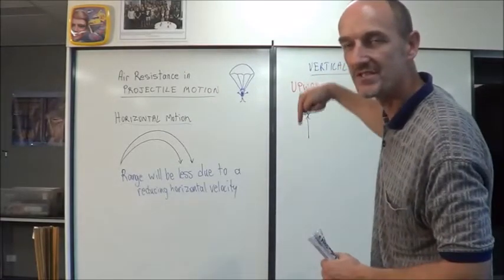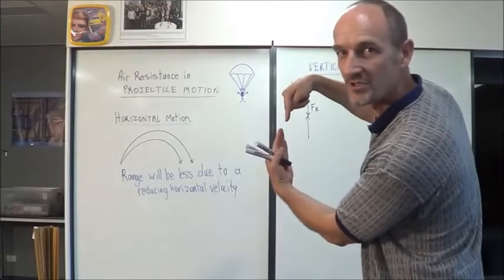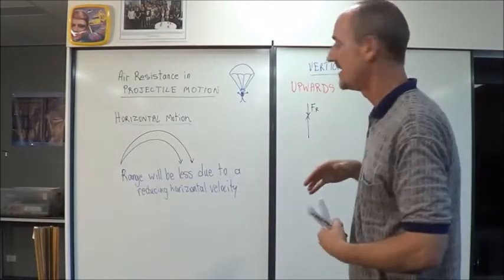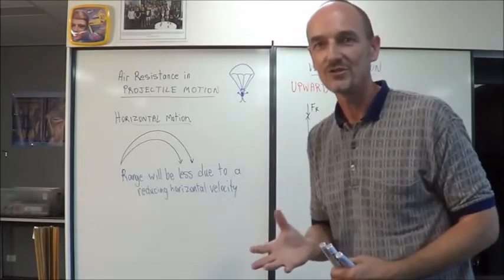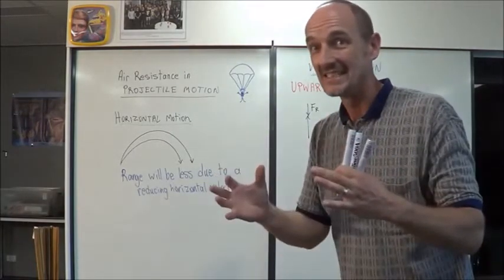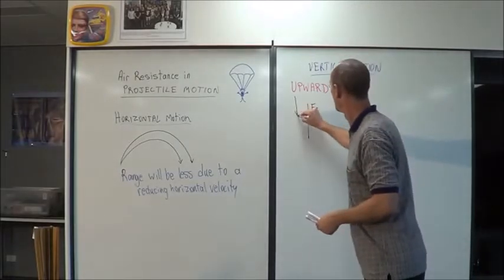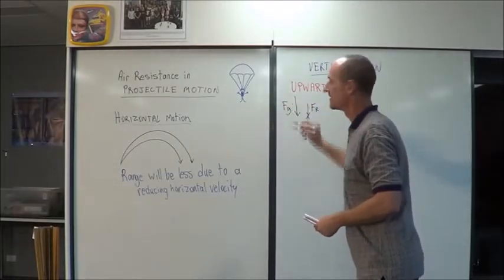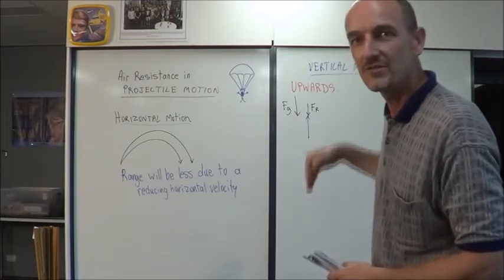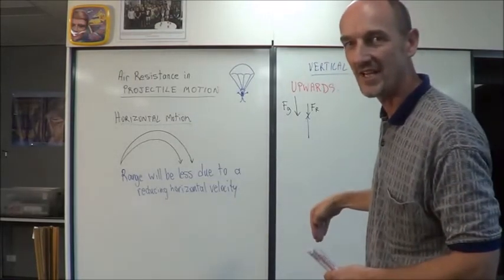And the force of air resistance is acting in the opposite direction to the motion of the object up. But we have another force also acting in the downwards direction, and that is gravity. So we have the force of gravity and the force of air resistance both acting down on the object.